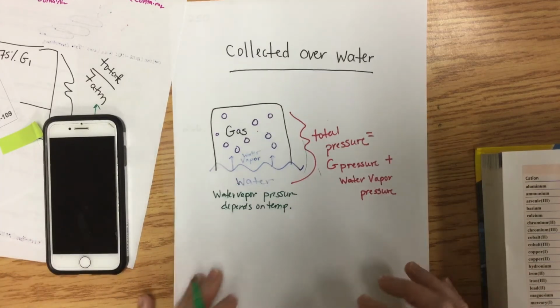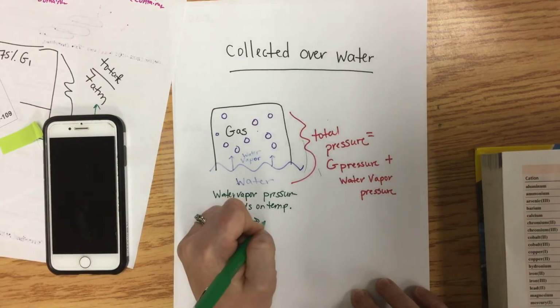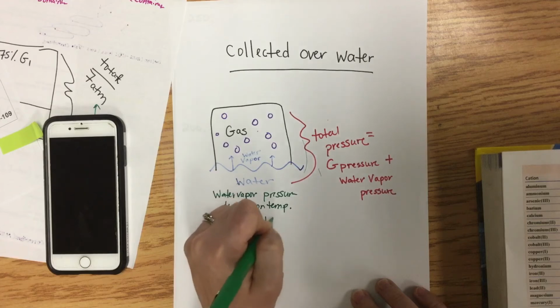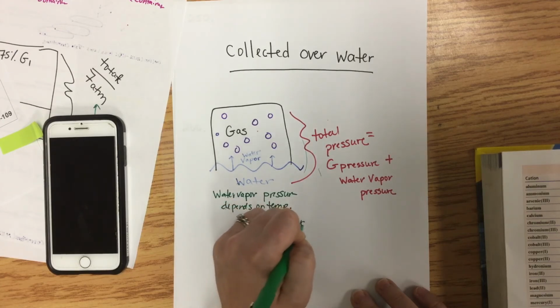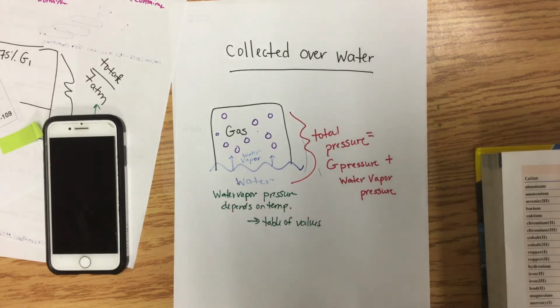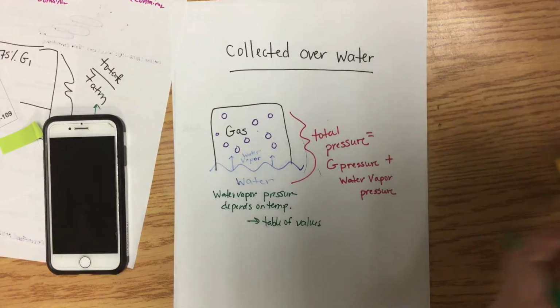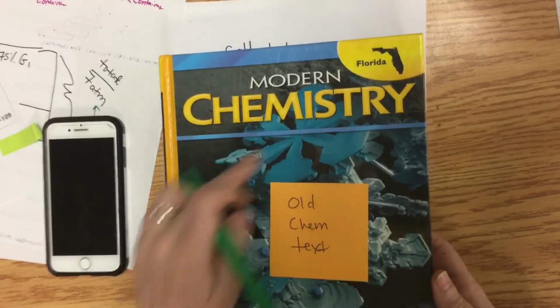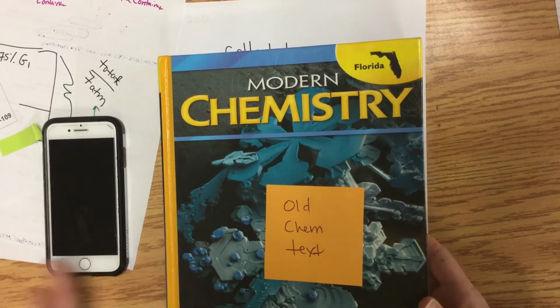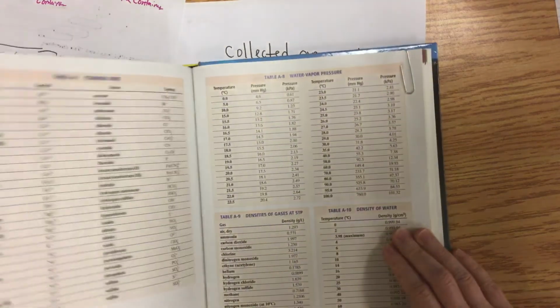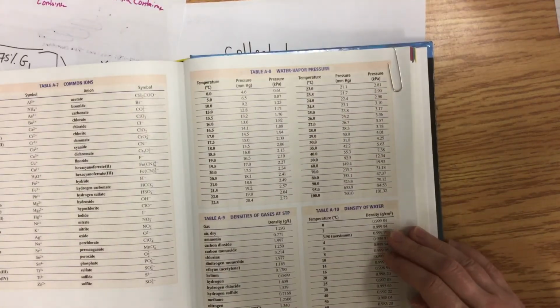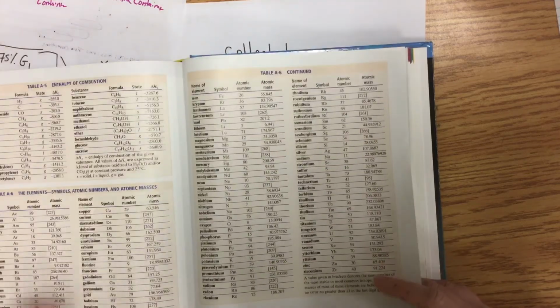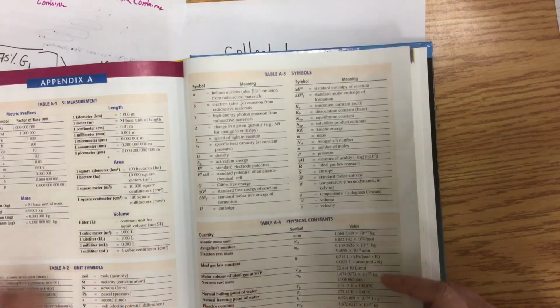This actually comes from a table, a table of values. I'm going to be referencing the old textbook, Modern Chemistry, but you're going to be able to find it in the new textbook as well. I find it in the back, in Appendix A, where it has all of these tables.